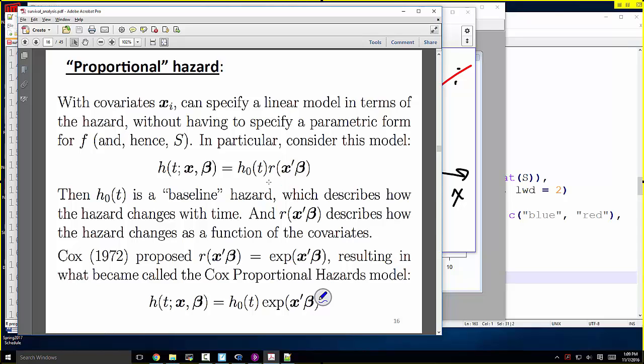We're going to model that as a product of what's called a baseline hazard, h0 of t. Note that that does not depend on the covariates, times some other function that does depend on the covariates. That x transpose beta should bring to mind the way we represented regression models early on as y equals x beta plus epsilon.